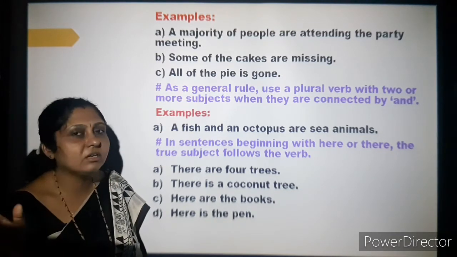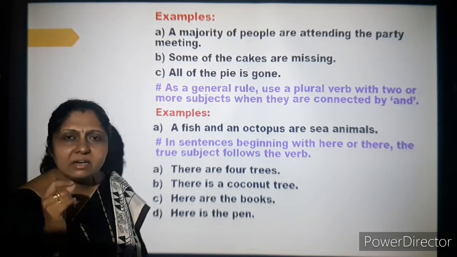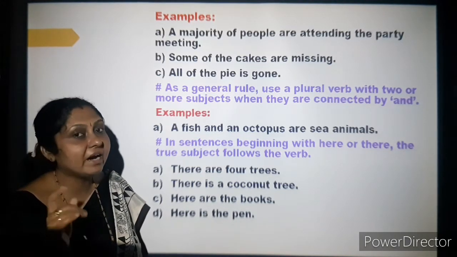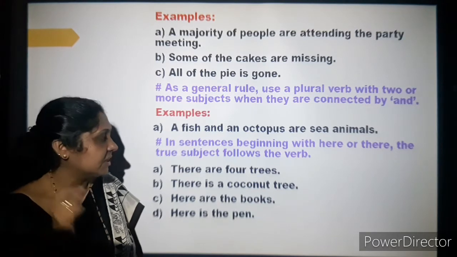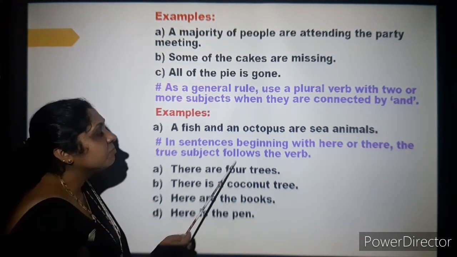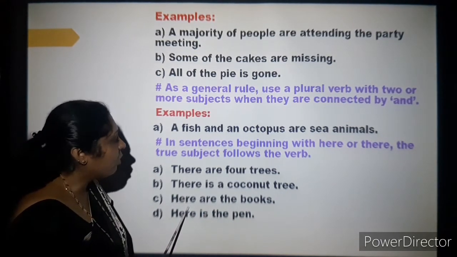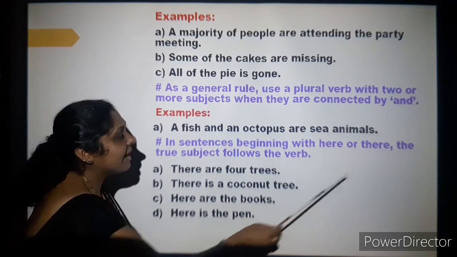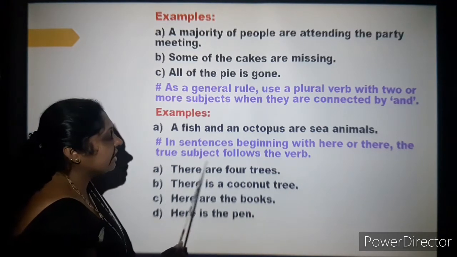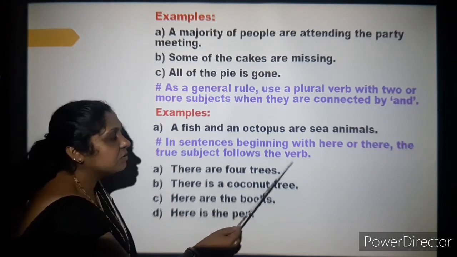It's very important. That's why I tell you to keep reading. As you read, you will be in a position to identify the actual subject. So the rule is that when you have sentences with "there" and "here," you have to see that the true subject follows the verb.